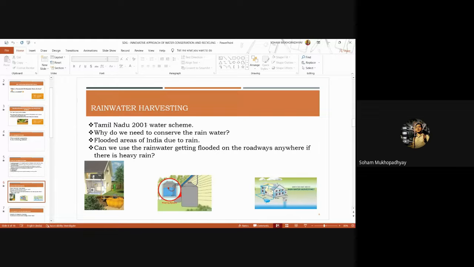This scheme of water harvesting was launched in Tamil Nadu in 2001 in a bid to regenerate water sources and improve groundwater levels in the southern state.